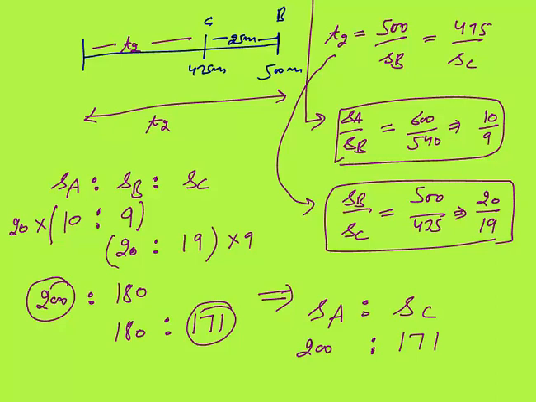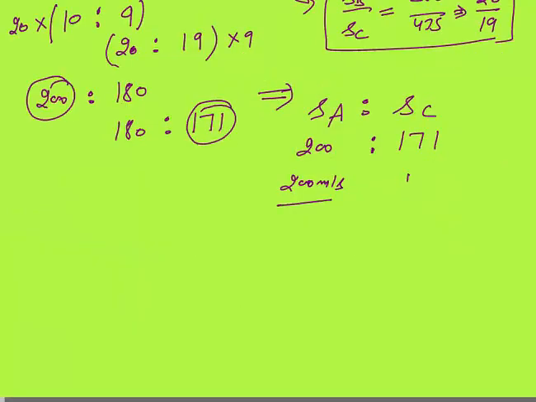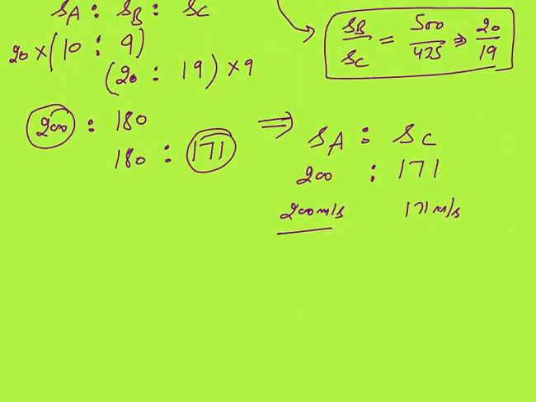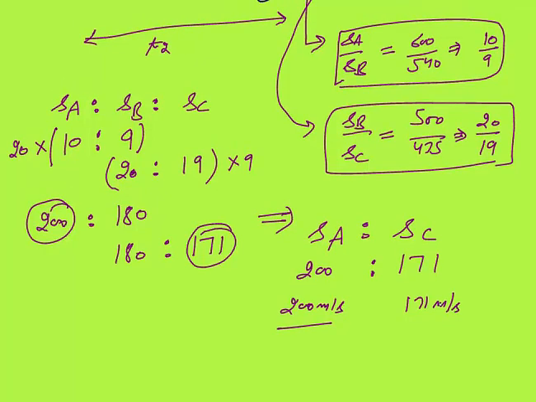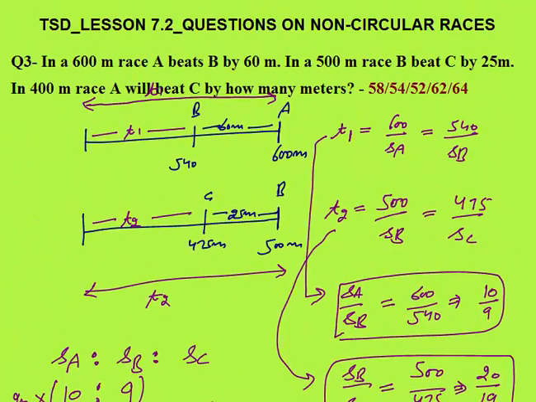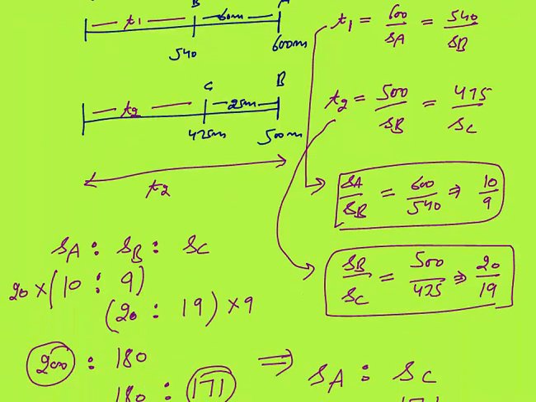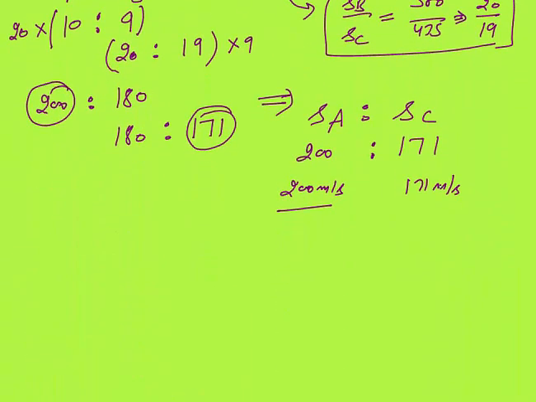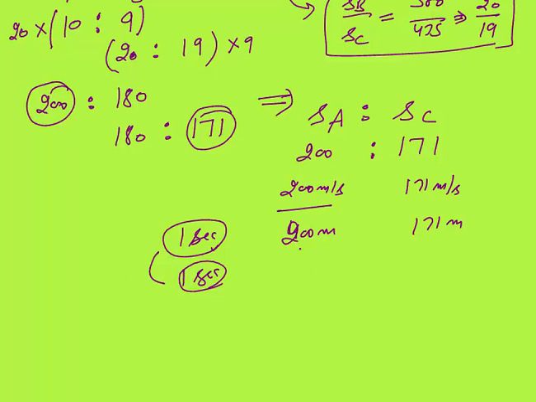Now once you got the ratio, you can assume any value. Let's say A speed is 200 meters per second, C speed is 171 meters per second. Although it's practically not possible, in order to solve the question we can assume this. The race is of 400 meters. So in 1 second A will cover 200 meters, C will cover 171 meters. In one more second, A will cover another 200 meters, C another 171 meters.